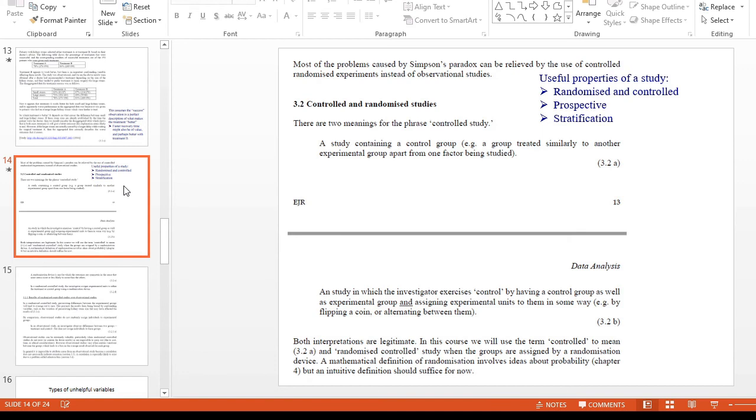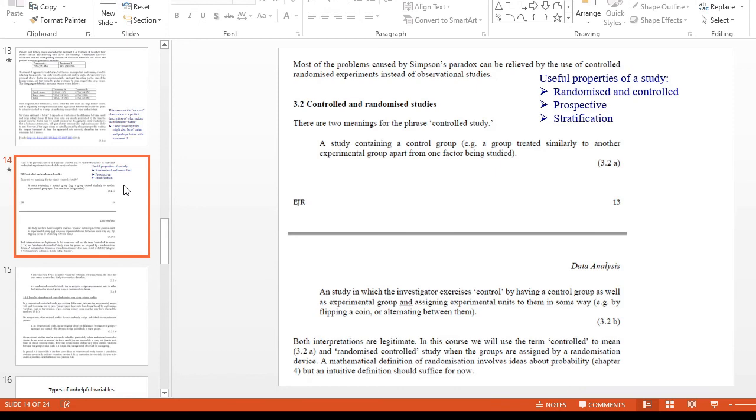So 3.2b, which is what I will call a randomized controlled study, is a study in which the investigator exercises control in the sense of having a control group as well as an experimental group which differs in just one way, and the investigator assigns experimental units, that means the patients in this case, to each group in some randomized way, for example by flipping a coin or alternating between them.